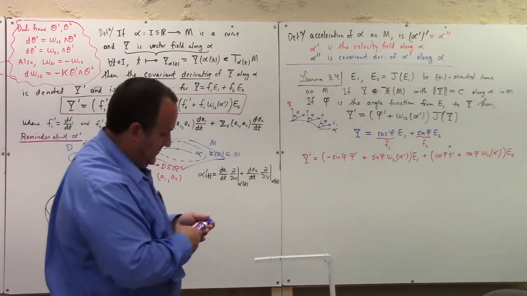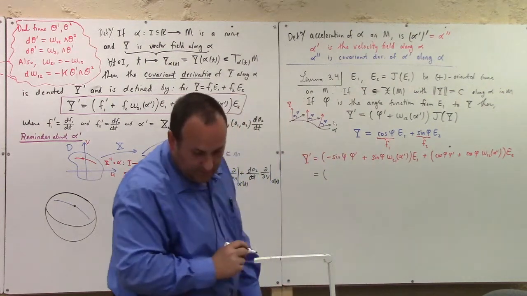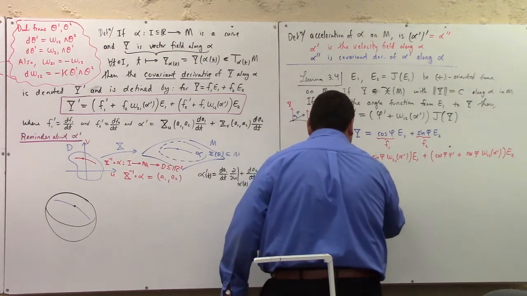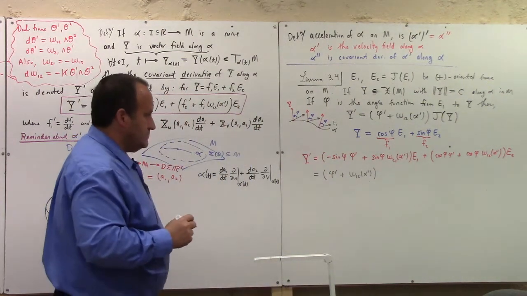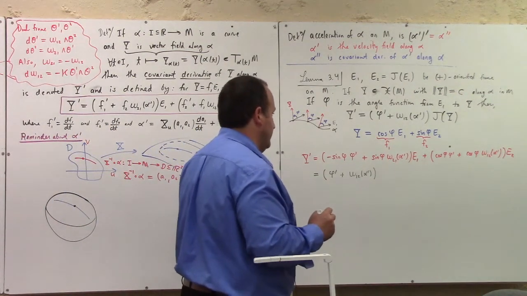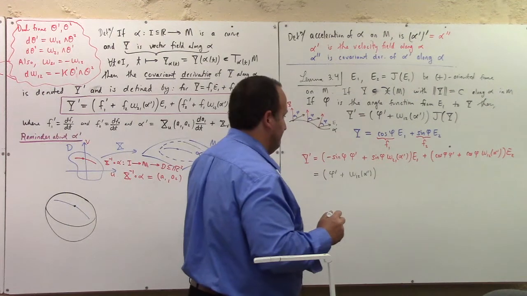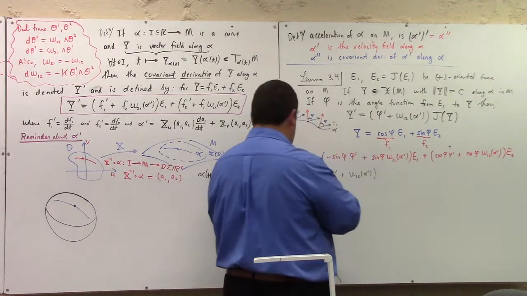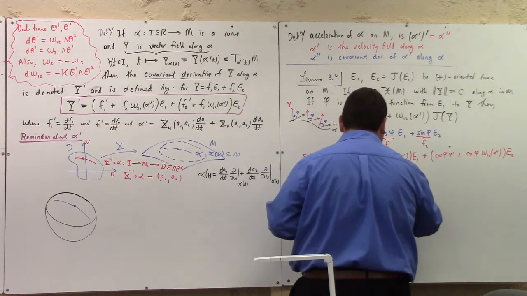If you tilt your head and squint, you can see what we're really looking at here is phi prime plus omega 1, 2 alpha prime. So we've got minus sine phi E1.